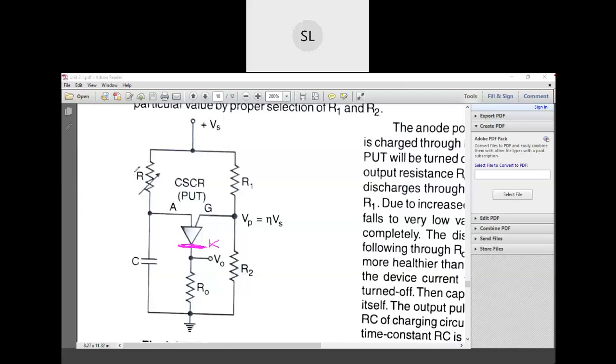Now, as soon as the supply voltage is applied across this relaxation oscillator, what will happen?